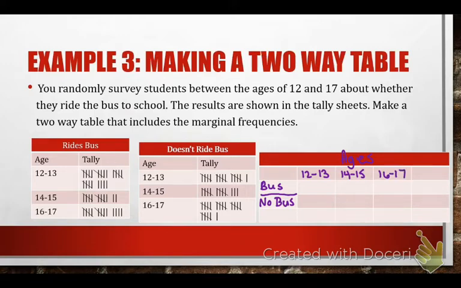Now look at the tally marks and fill it in. For my 12 to 13-year-olds, how many of them ride the bus? 24. Okay, so I'm looking 5, 10, 15, 20, and then 24.